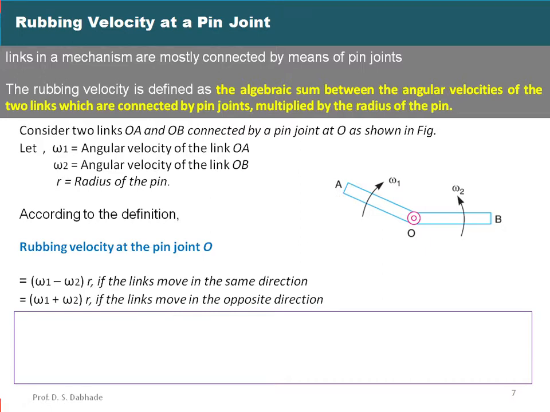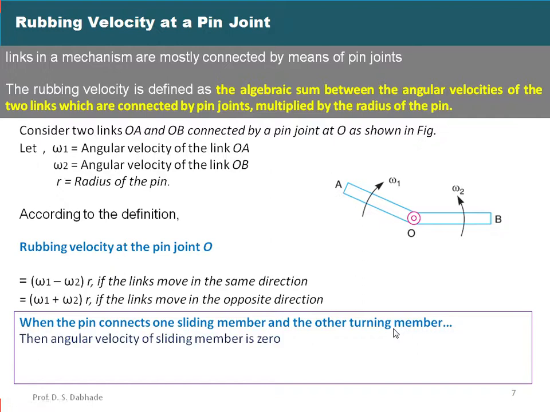Now in some cases it may happen that one link has a sliding motion and the other link has a rotational or turning type of motion. Suppose when the pin connects one sliding member and one turning member, in that case the angular velocity of the sliding member is 0.